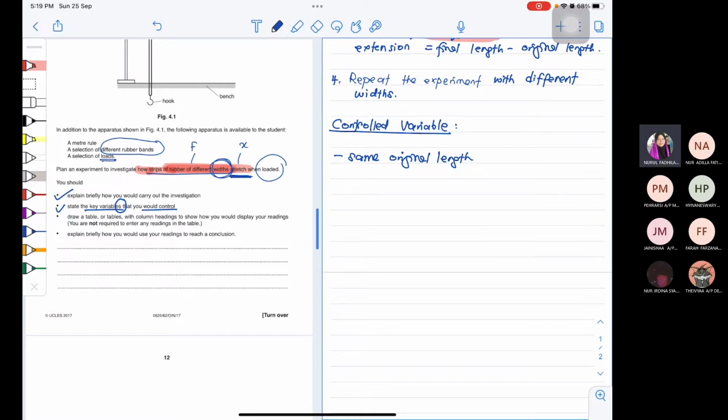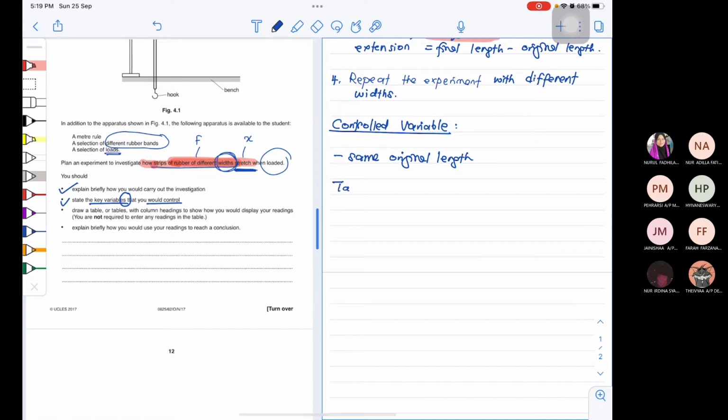Draw a table. That's easy. So what do you need to have? What's the MV? Thickness. The load, the respective load that you use for that. How many Newtons?